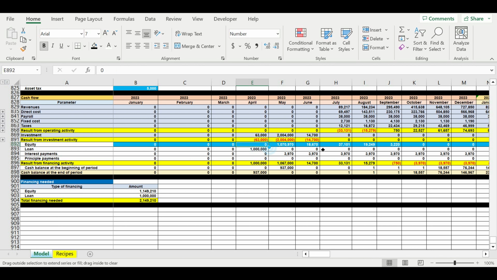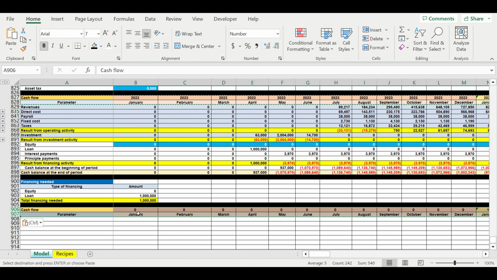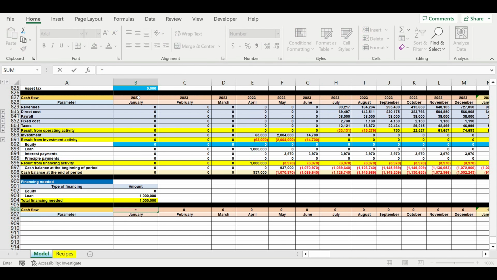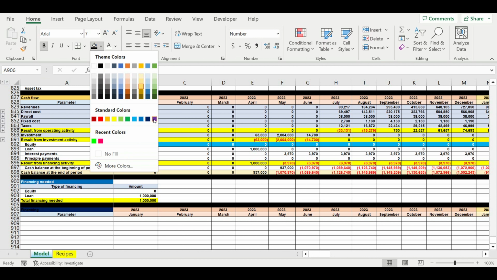So what can we do in this case? Let's put 0 here. So let's create a new table here.